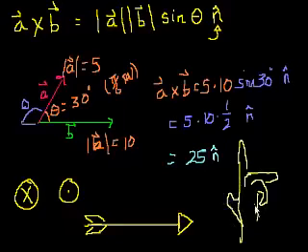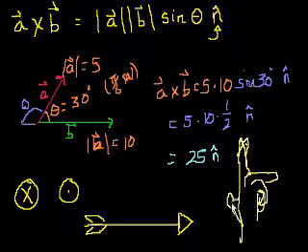Right? That is my right hand that I drew. This is my index finger, and I'm pointing it in the direction of A. Maybe it goes a little bit more in this direction. Then I put my middle finger, and I kind of make an L with it, or it almost looks like you're shooting a gun. And I point that in the direction of B, and then whichever direction your thumb faces in.